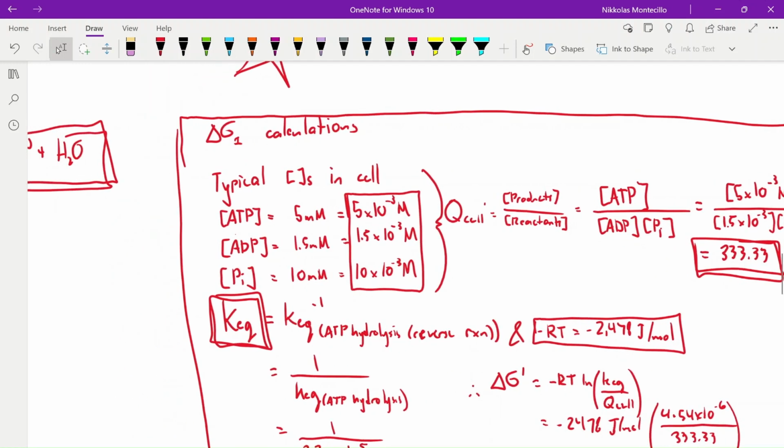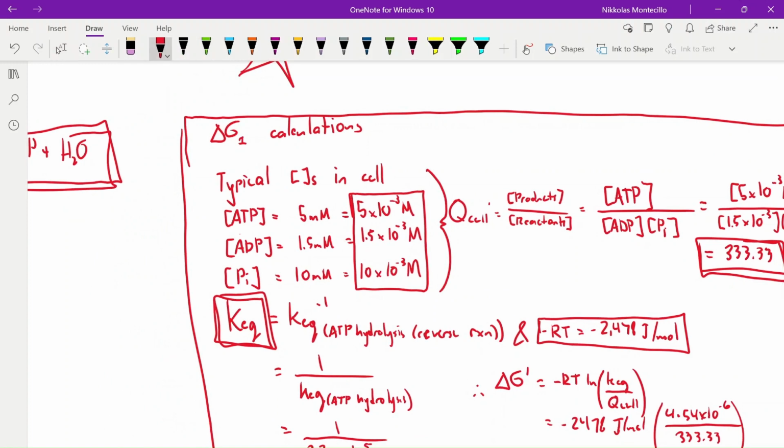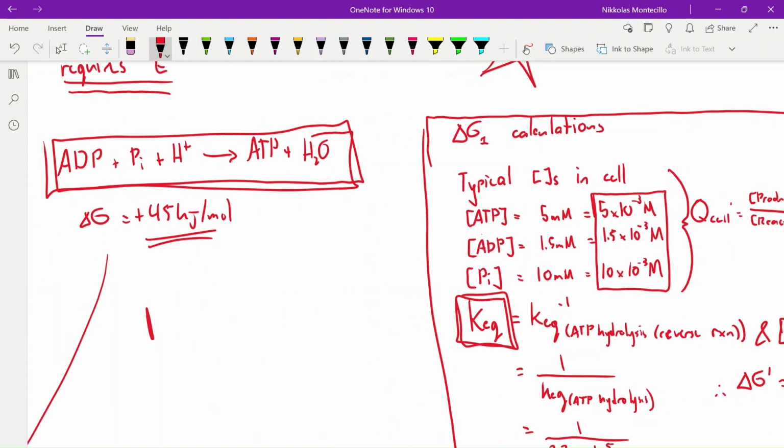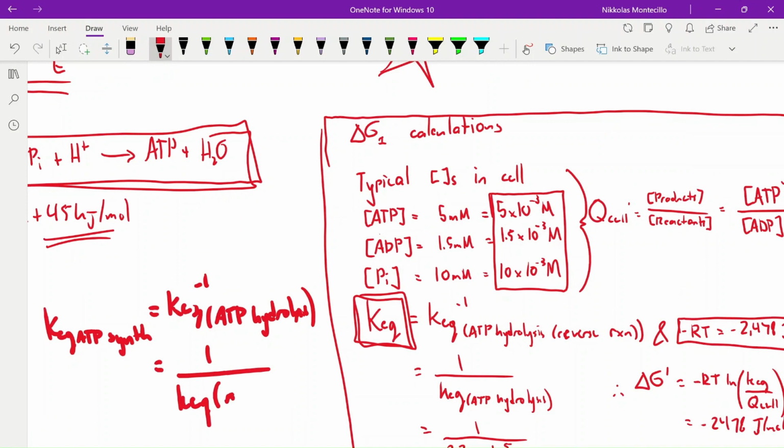Now, the KQ for ATP synthesis is equivalent to the inverse of the KEQ of ATP hydrolysis, right? Or 1 over KEQ ATP hydrolysis.